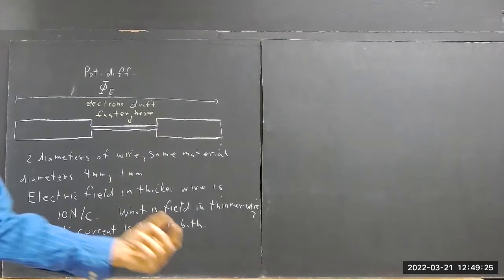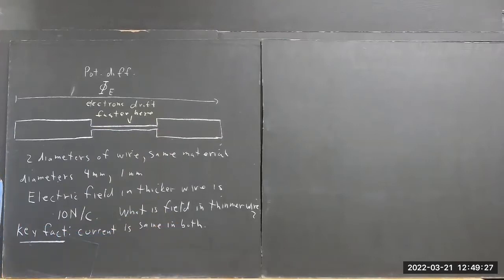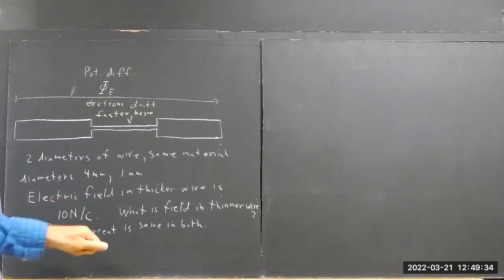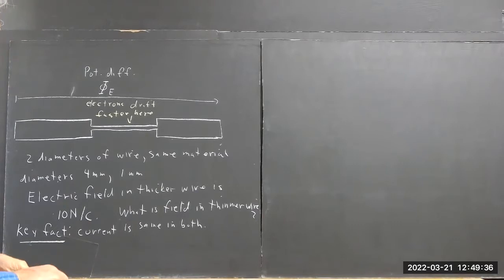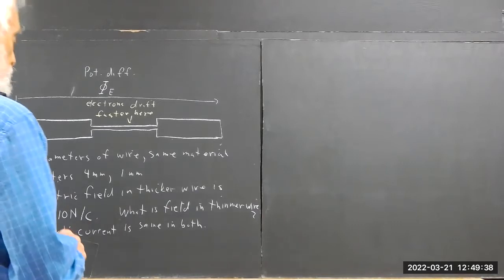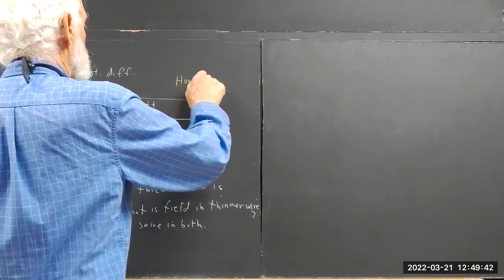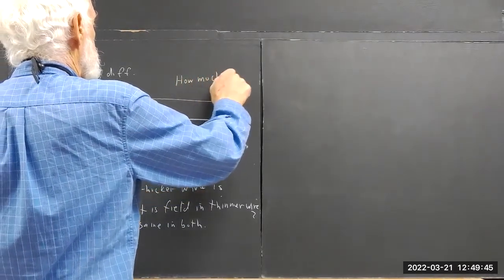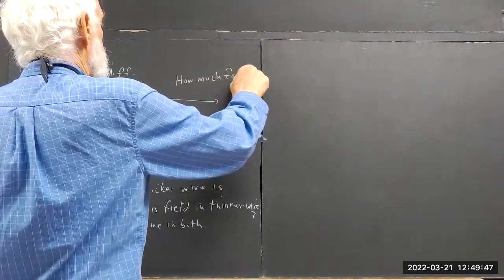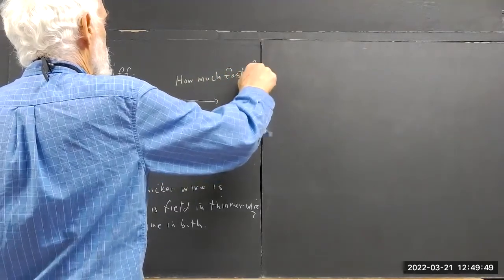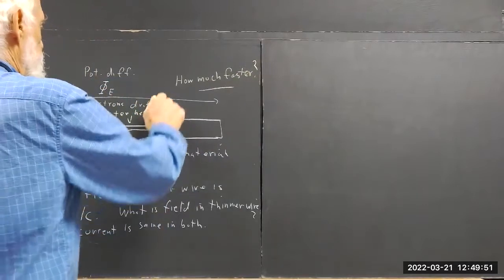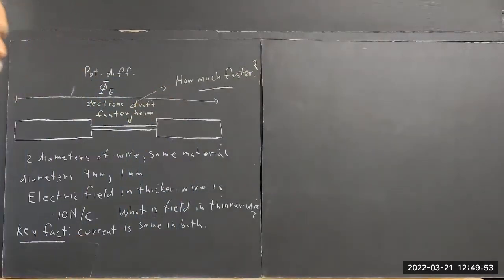They've got to drift faster because there aren't as many of them. How much faster? What are your thoughts on that?